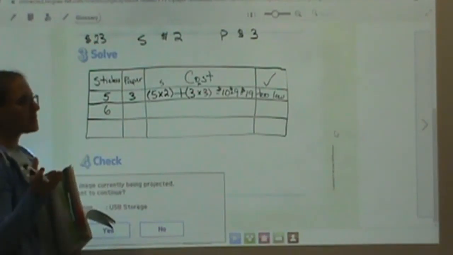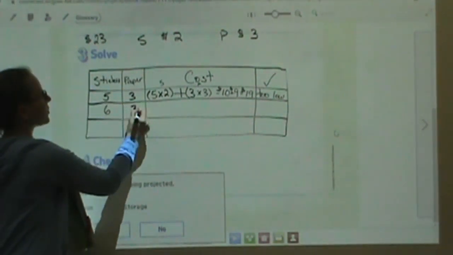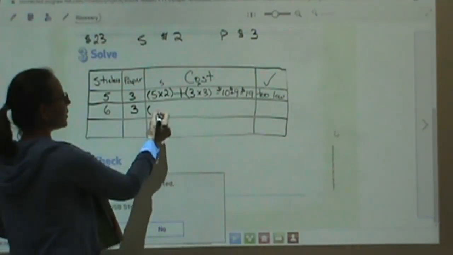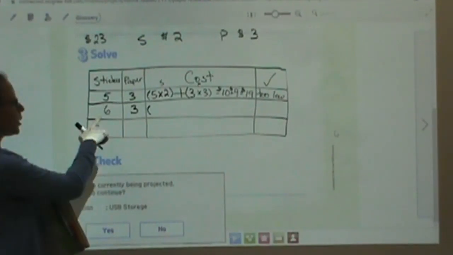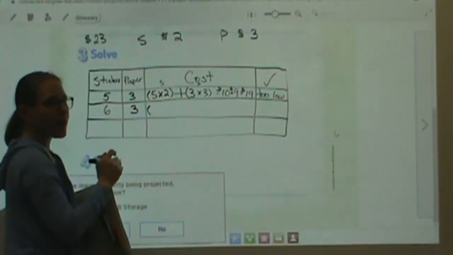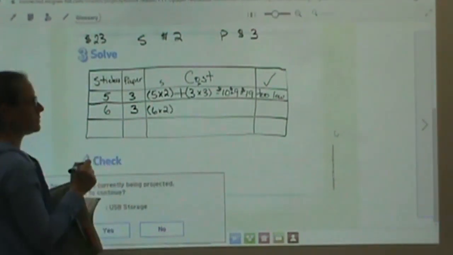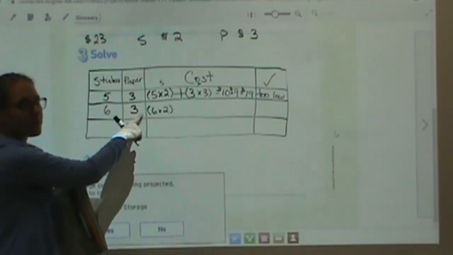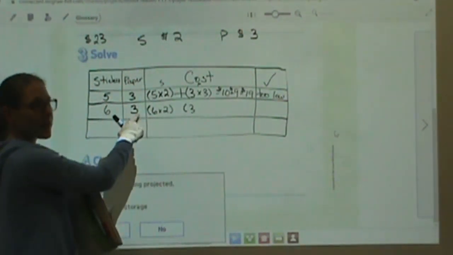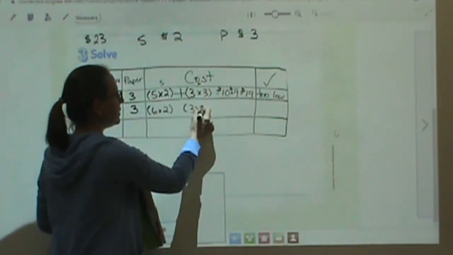So we're just going to guess. I did 6 sheets of stickers and 3 sheets of paper. Again, we're going to write our little multiplication sentence here. 6 times $2. We're going to figure out how much the paper cost, which is 3 sheets of paper times our $3 again.